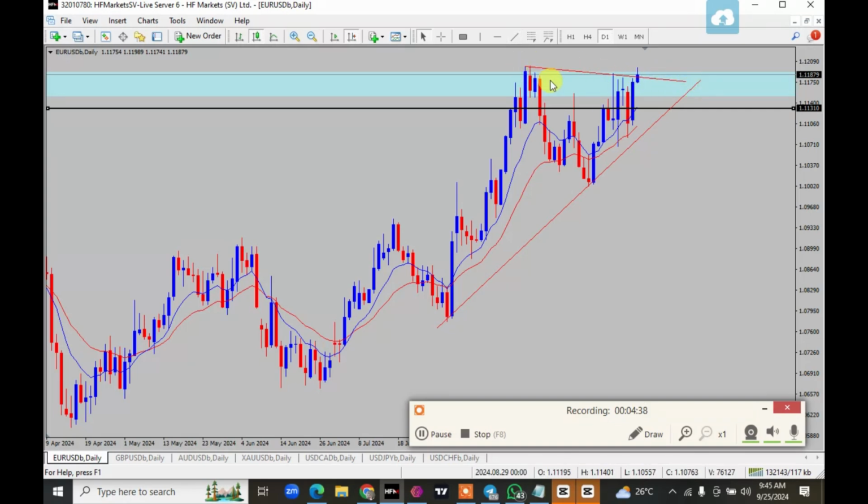Once price breaks above this resistance zone and this trend line, we can look out for a buy opportunity on a retest of this level. For now, let us stay out of Euro USD and wait for a better opportunity to buy or sell.